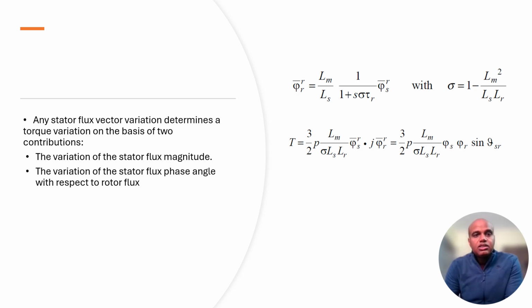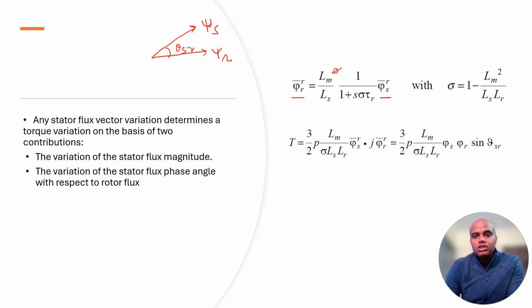We know that the stator flux always leads the rotor flux. If this is, let's say, the stator flux, then the rotor flux will always lag by some angle. This angle is nothing but theta SR. So here I can see that this expression shows my rotor flux, which depends on the mutual inductance and the stator inductance, and also 1 by sigma tau r into the stator flux.